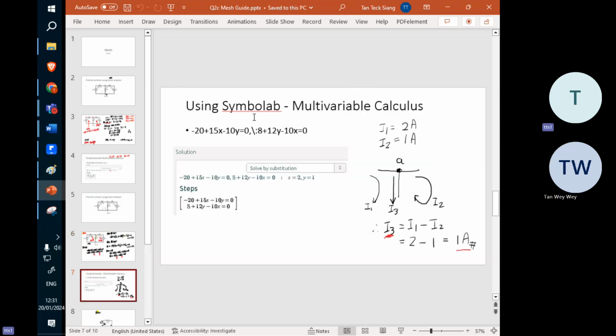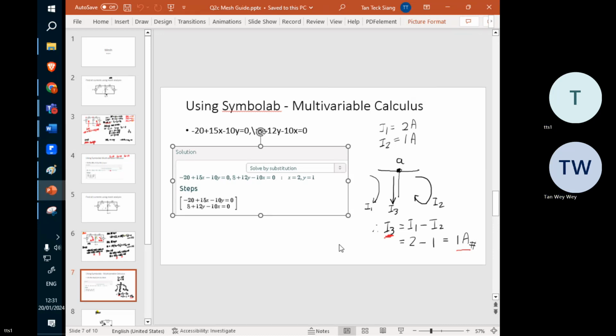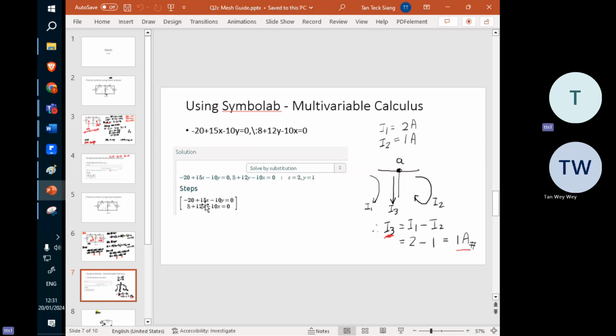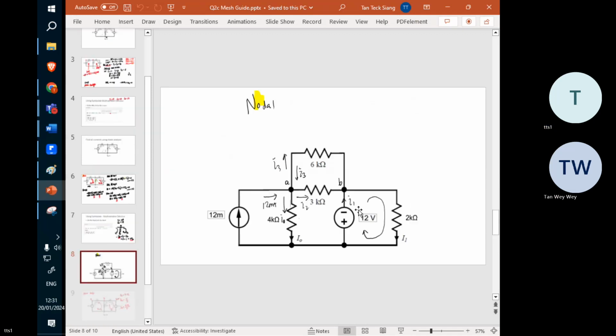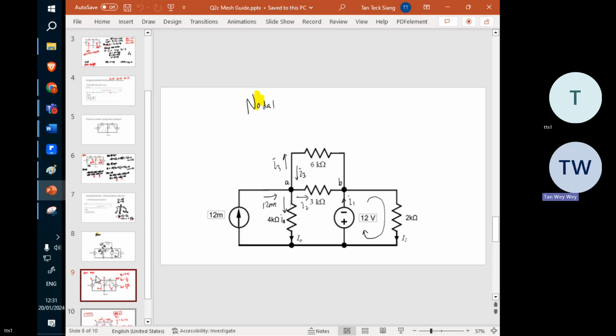You can use a symbolic solver online, or you can do it by hand. You solve for the unknowns x and y. Then you can find the currents to be 2 ampere and 1 ampere. You clear?